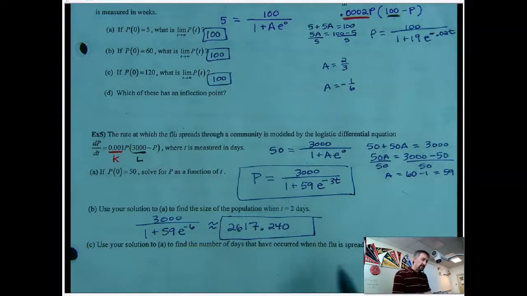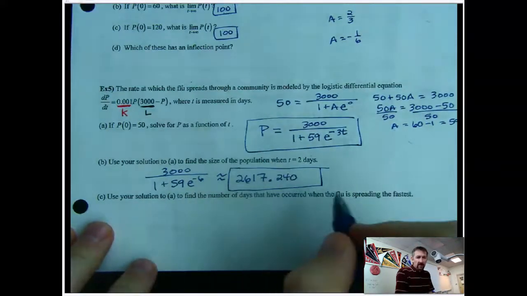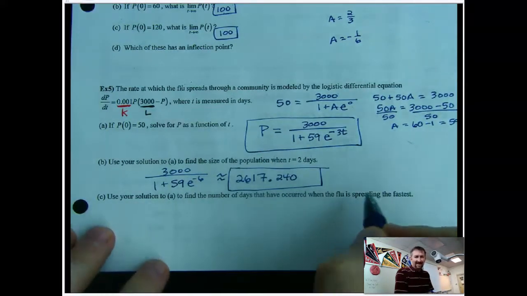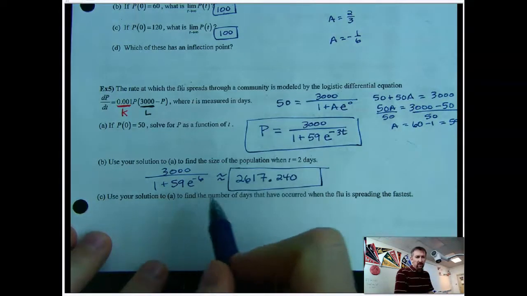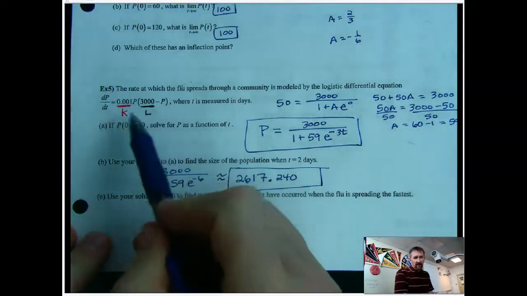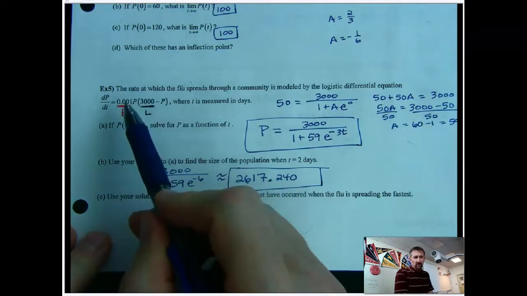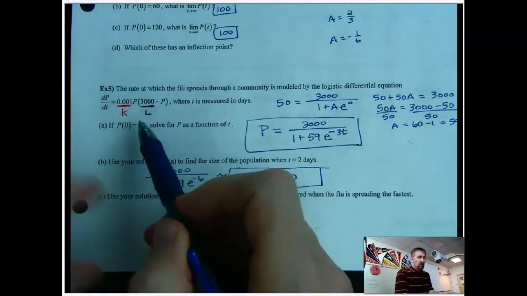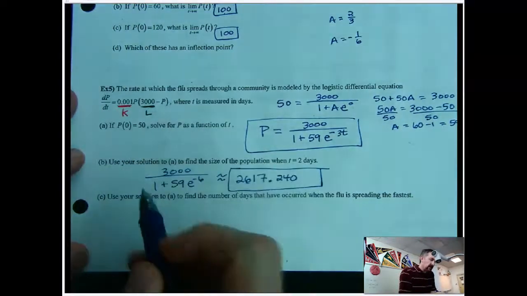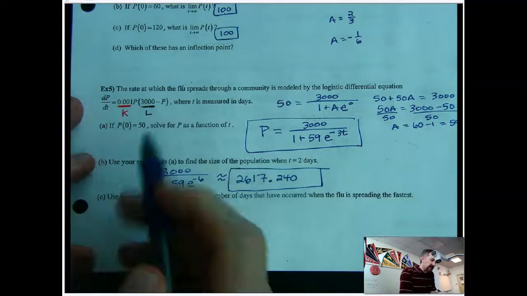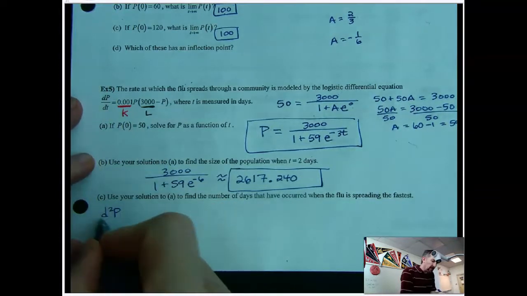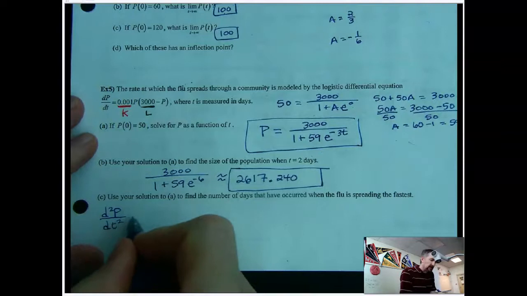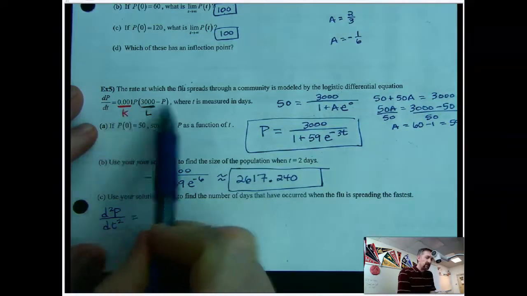Okay, find the number of days that have occurred when this flu is spreading the fastest. So if we want to find the maximum rate when it's the fastest, what we can do is take the derivative of the rate and find out where it changes from positive to negative. So that's similar to what we did in the very first example, I think, in this section. So if we take the second derivative of that, that would look like this. And again, it would be easier if we separated that back through.